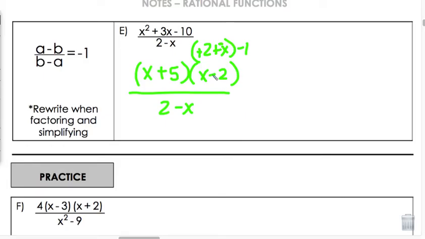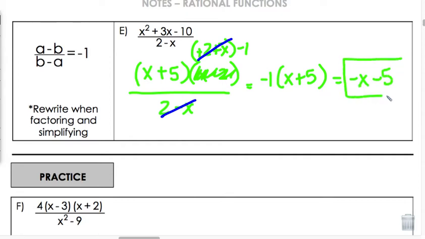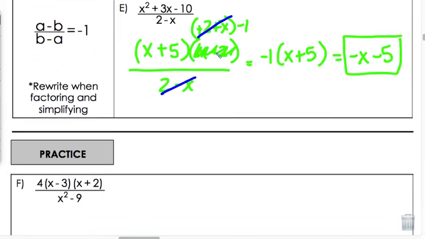Okay, so now we rewrote it like this, and now I can cancel this with this, and I will have negative 1 times x plus 5, and I can simply rewrite that as negative x minus 5 as my final answer. Okay? So sometimes you do have to rewrite these so they do match perfectly.